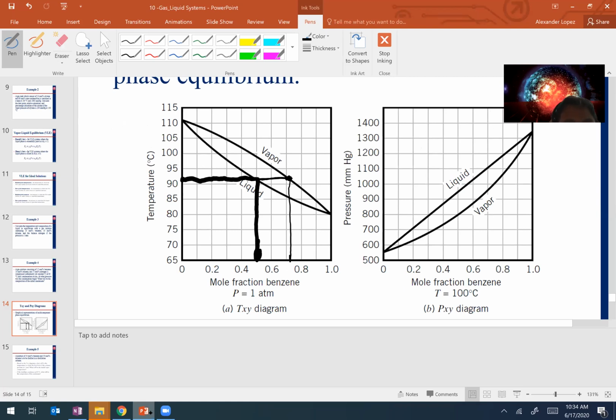The next question I could ask, which I think makes for pretty decent questions interpreting these graphs, is if we have the distillate from the top of a distillation column leaving at 85 degrees and it condenses, what will be the composition of that condensate?